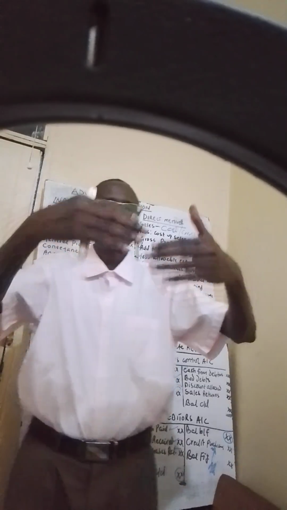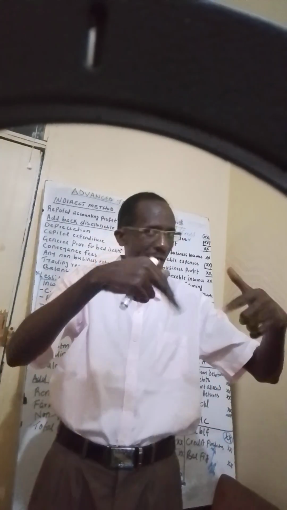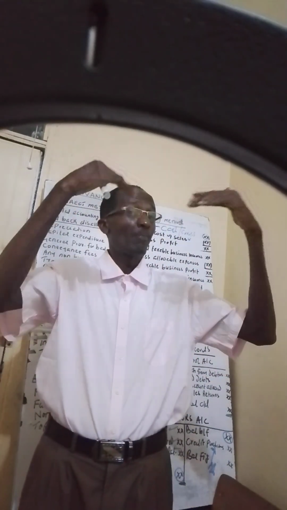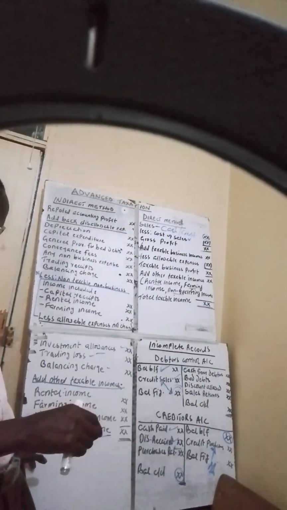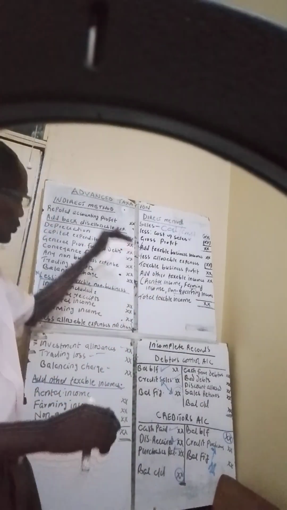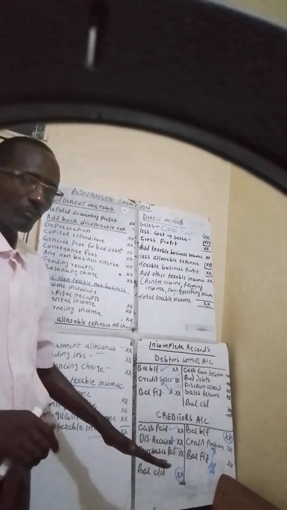So what will you do for the purpose of taxation? Take the reported accounting profit, you add back all the disallowable expenses, and then you less what? Non-taxable income, and therefore you get your total taxable income if you are using the indirect method.